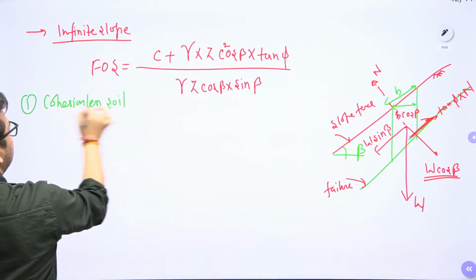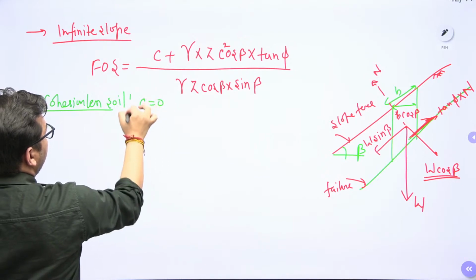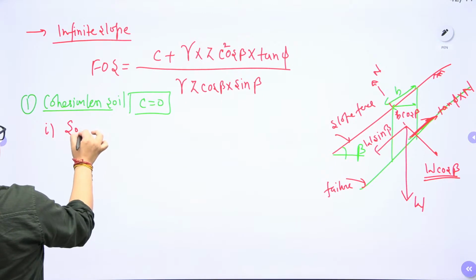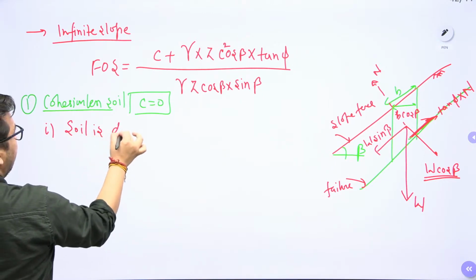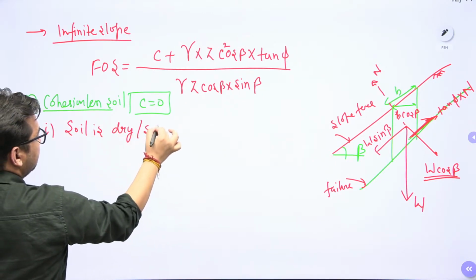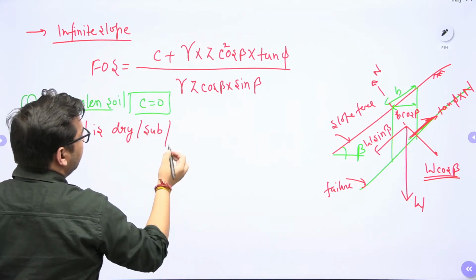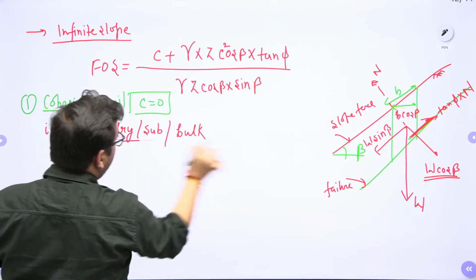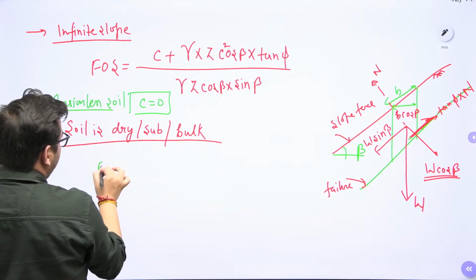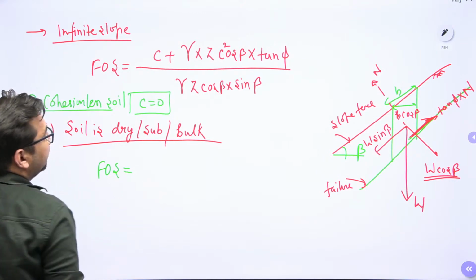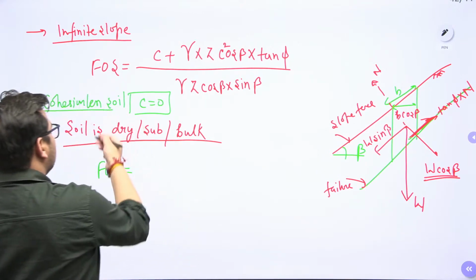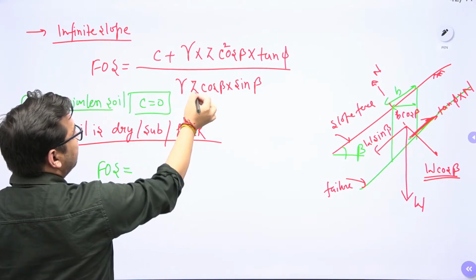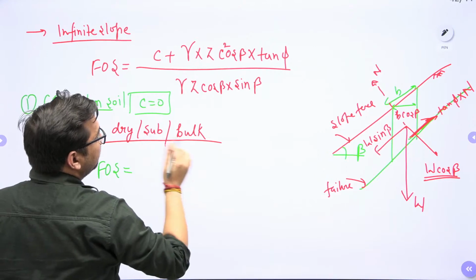So if it is a cohesionless soil, it means C value is equal to 0. In this, first I am taking the case when the soil is either dry, either submerged, either in bulk condition. If these are the cases, what will be my factor of safety value? Factor of safety will be, if soil is dry, gamma dry into Z over gamma dry into Z. It means these values will get cancelled out.